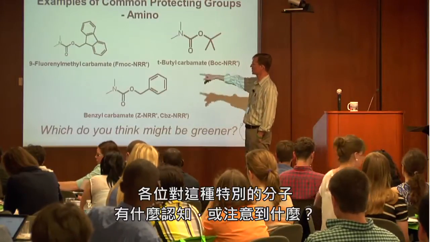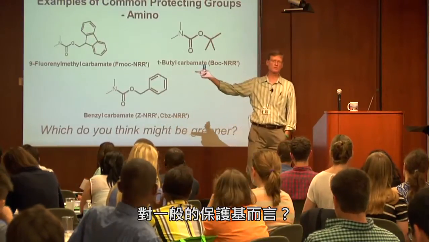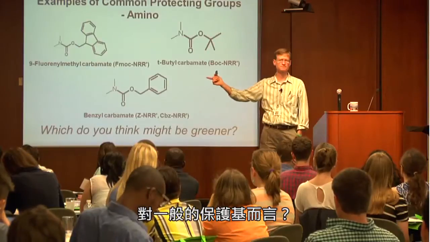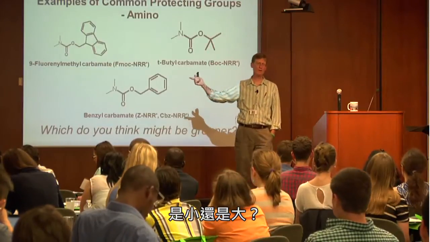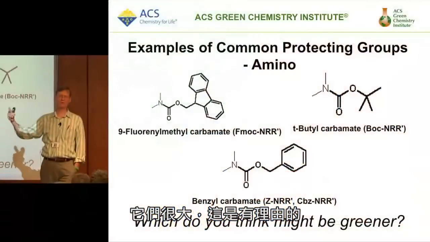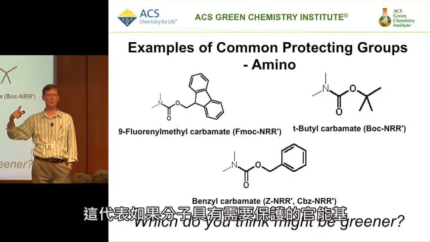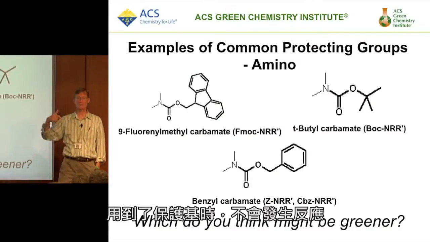So, what do you notice about these particular molecules in general, with protecting groups in general? Are they small? Are they large? They're large. They're large and bulky for a reason. That means that they won't react when we put them on the particular molecule or the functional group we want to protect.